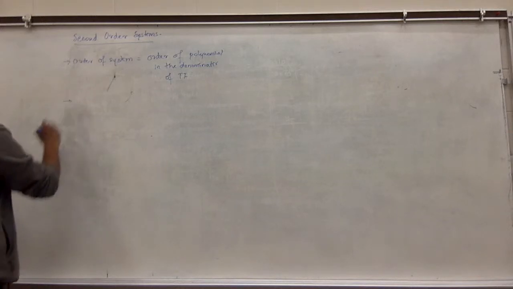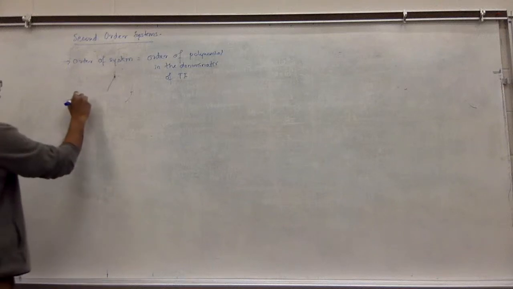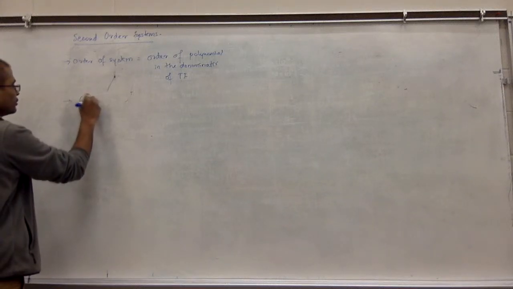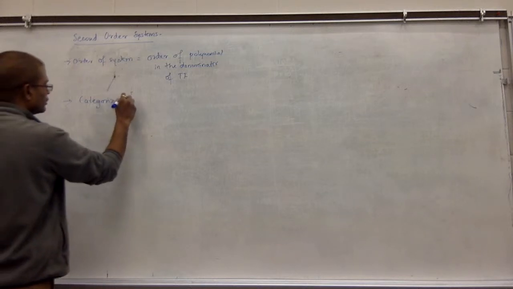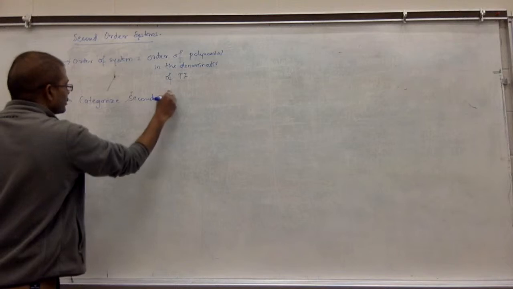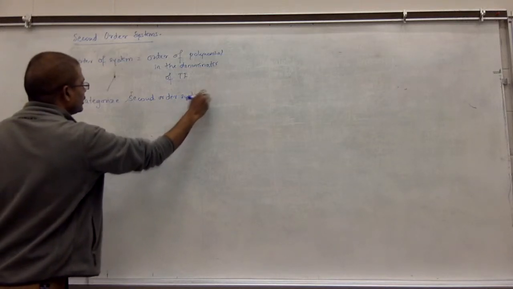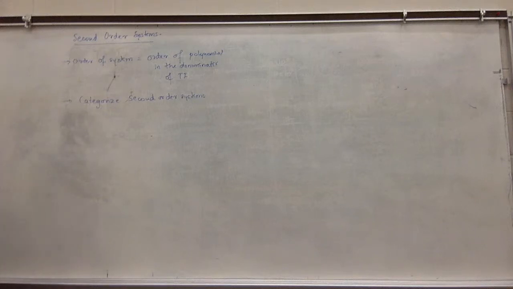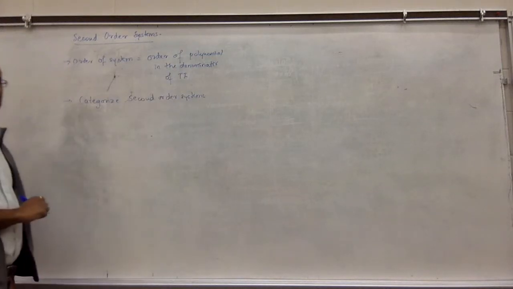Now we also discussed how we categorize second order systems. We identified 4 types of second order systems, correct? If you remember, it is purely based on the roots of the polynomial.